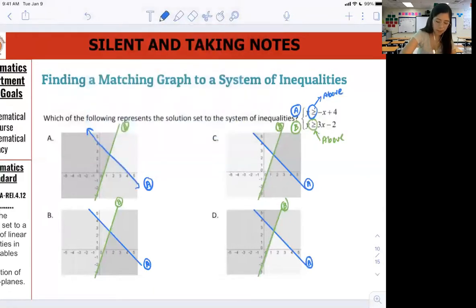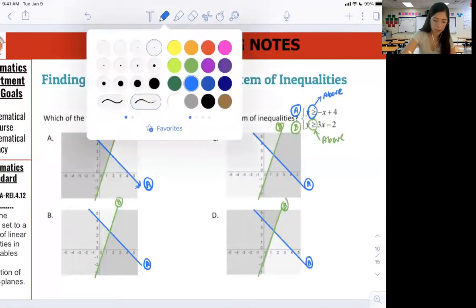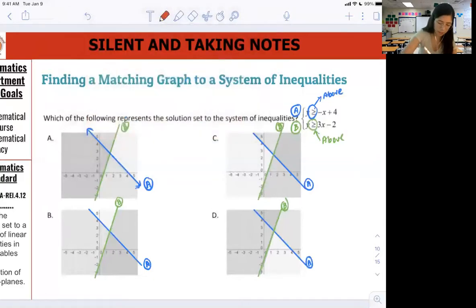Because it might be hard to tell if your screen is a little bit dim, or if it's too bright, it might be hard to tell where the dark region is. So I'm going to highlight it in red, so it's very clear. So in answer choice A, this is the dark region. This is the safe zone. In answer choice B, it's down here.